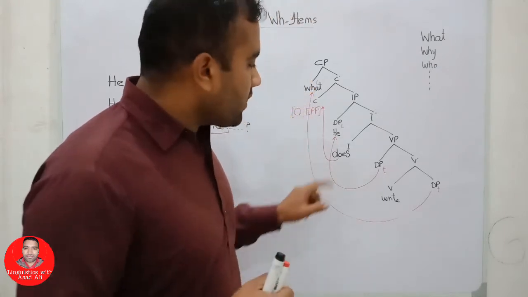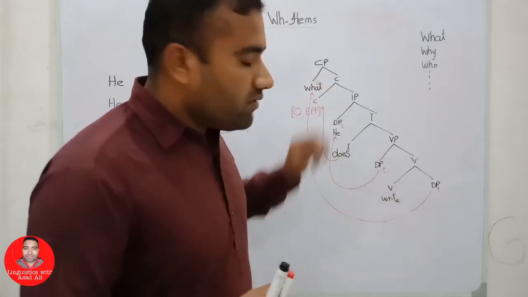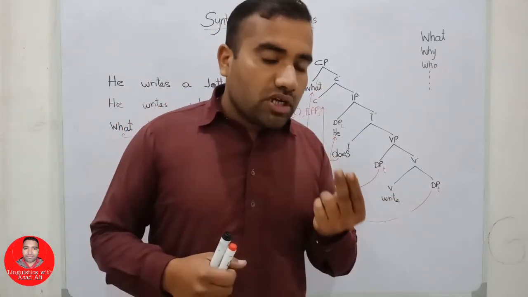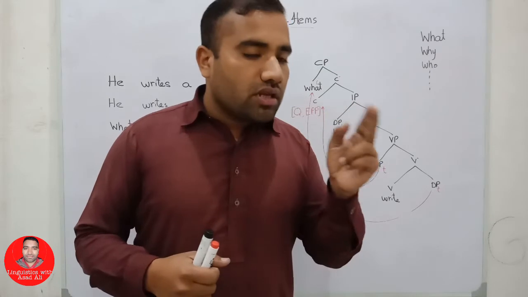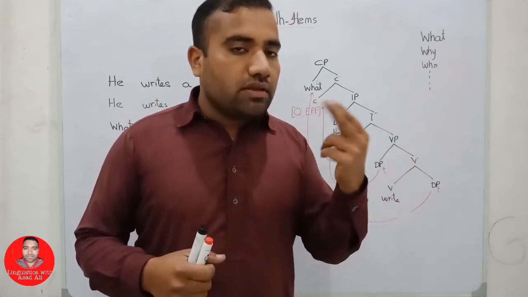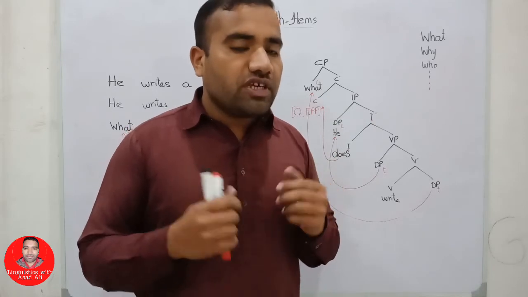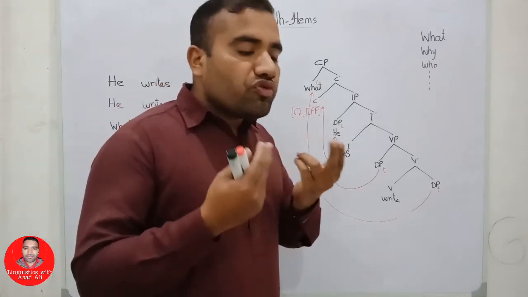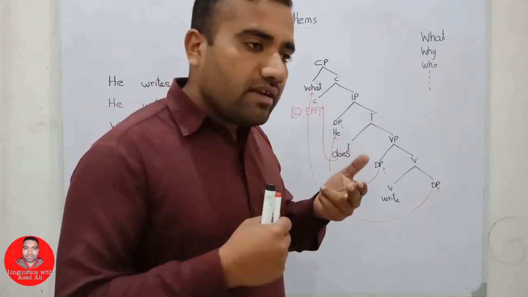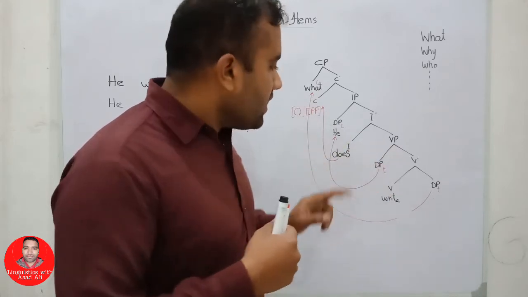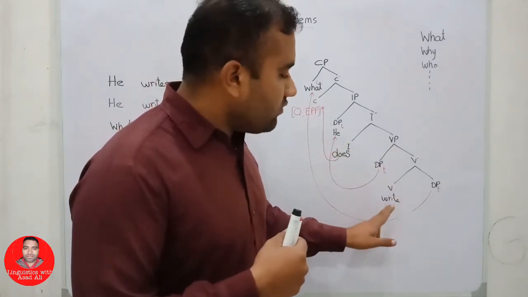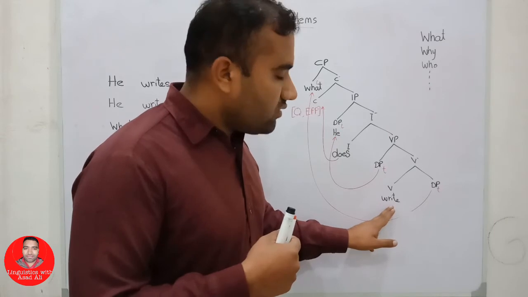And see, in all the derivations we have the position head, complement, head, complement, head, complement, and we can say that we have two similarities. One is the head, second is the complement, and we can say that we have the head within the V domain.